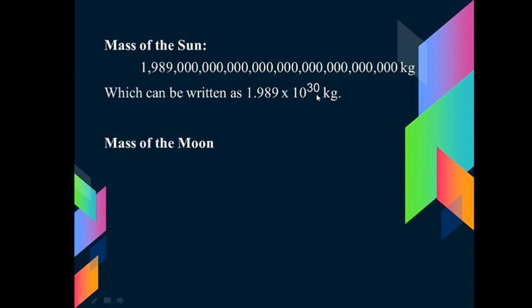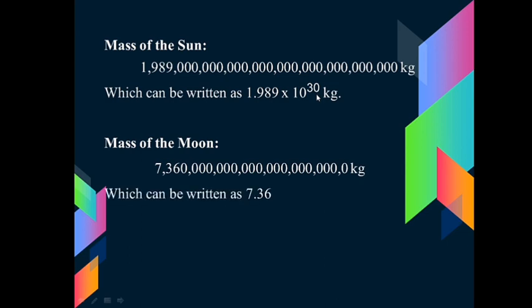Next, the mass of the moon. The mass of the moon can be written as 7.36 into 10 raised to the power 22 kg. As I told you earlier, whenever we have to write it in exponential form, write the decimal after the first digit, and after that we will write 36. But after the first digit, we have to count how many total digits there are.